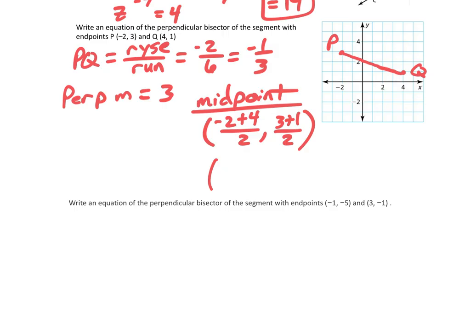Negative 2 plus 4 is 2. 2 divided by 2 is 1. 3 plus 1 is 4. 4 divided by 2 is 2. Okay, so 1, 2 is my point.